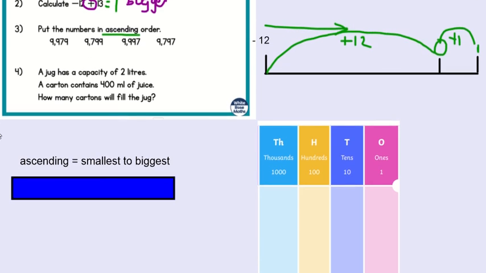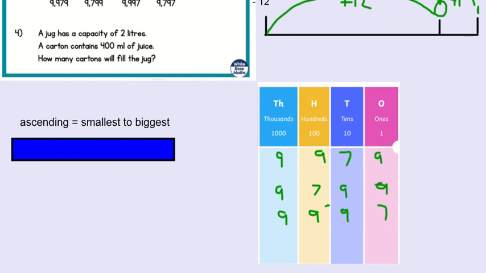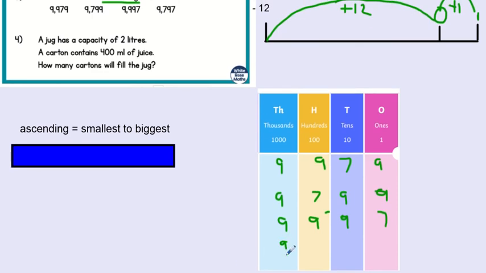9,797. Now, some people like to put the numbers in a place value chart so that they can compare each number to see which is the biggest and smallest. Now, you don't have to do that. If you're feeling quite confident that you can look at these and spot the smallest number, then of course that is absolutely fine.